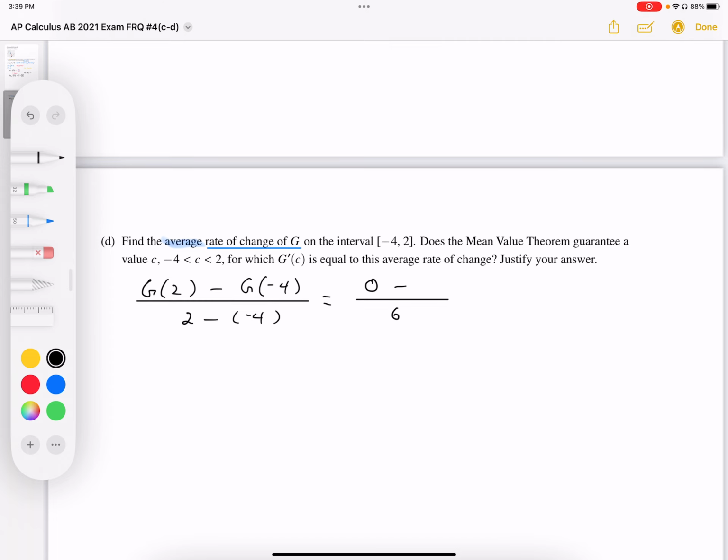Okay, so this is working out g of negative 4. g of negative 4 is going to be the area under the integral starting at 0 to negative 4 of f dt. Okay, so now it's important that we recognize that I am integrating in this direction.